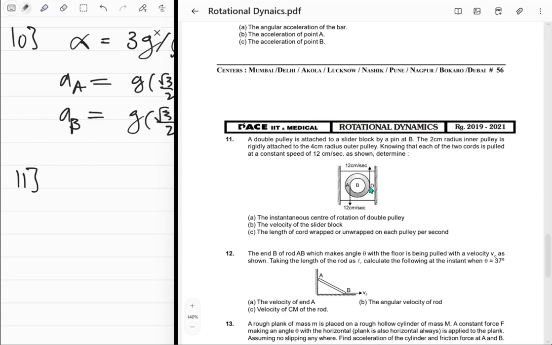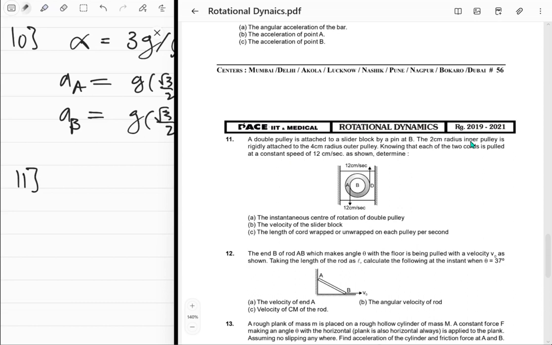From D you have a thread going up, and from this point A you have thread going down, and this whole assembly is attached to this rectangular slab, right? And that's between these two walls. Okay, so that's why it's a slider block, because it slides, I guess.